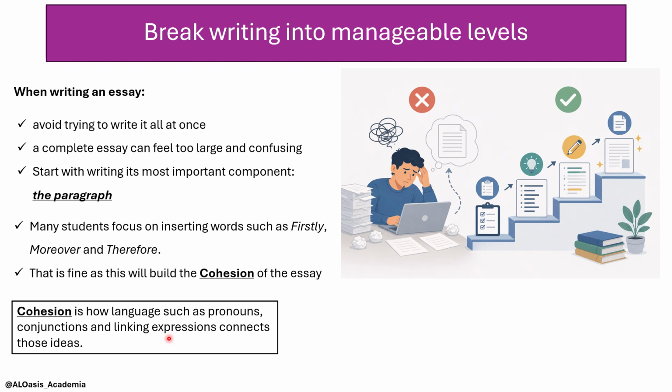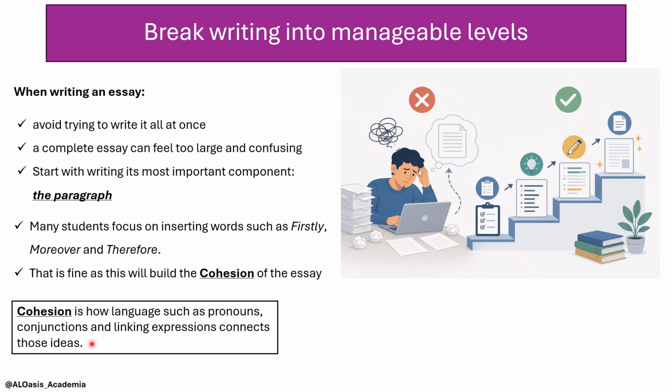The main role of these phrases is to connect ideas. Okay, so I see that many students are good at this part when writing paragraphs. They use a lot of linking words, pronouns and conjunctions that help them to connect ideas.